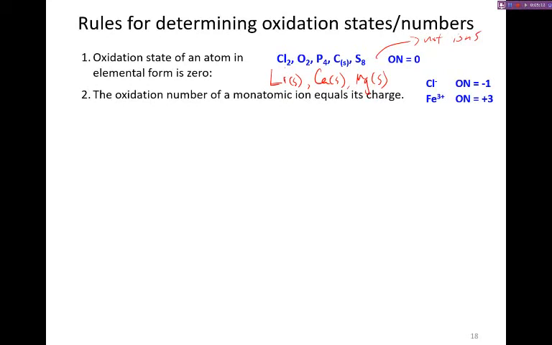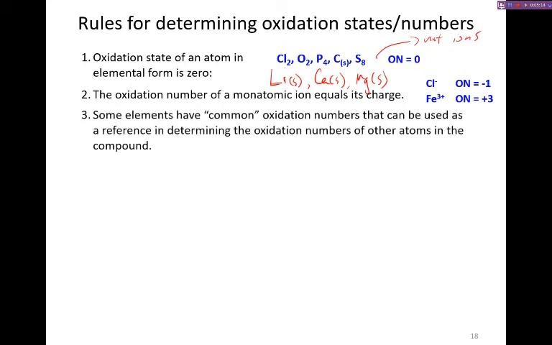The third rule is that some elements are going to have common oxidation numbers, and we can use those common oxidation numbers as a reference for determining other oxidation numbers within a compound. So notice in these first two cases, these are elemental, whereas in this case now we're talking about a compound.